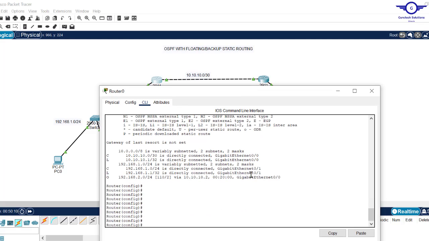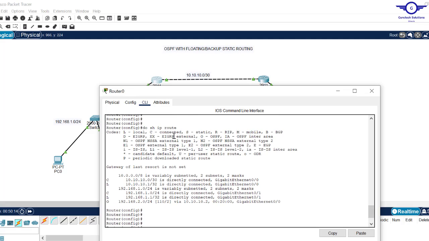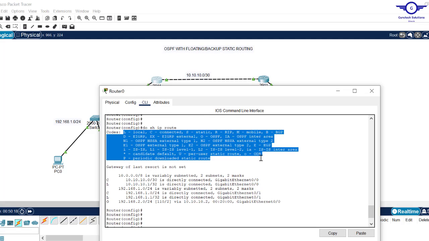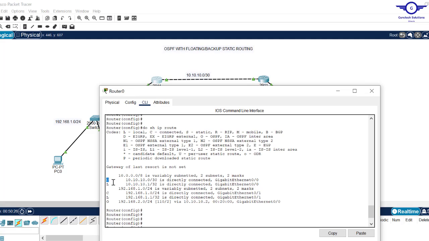So when I say do show IP route to show the routing table, you can see these initials telling you which letter represents which routing protocol. For example, C represents directly connected, L represents local, then O is OSPF.